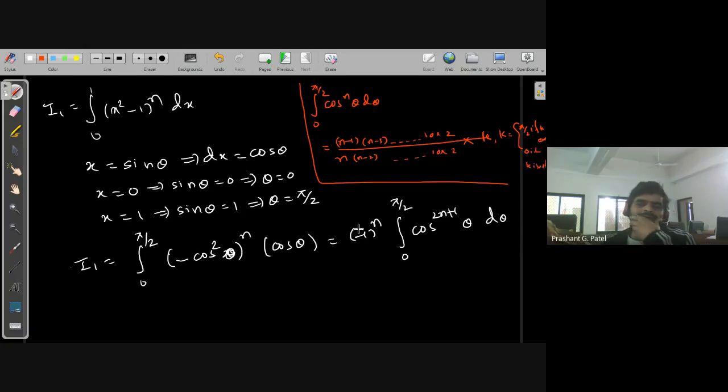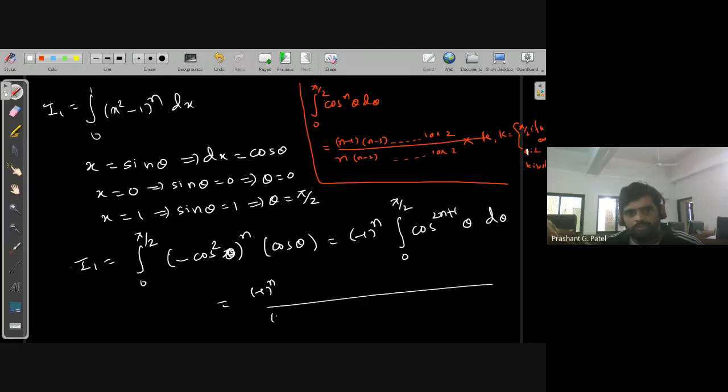Okay. So due to this, now we can write this as minus 1 raised to n. This is 2n plus 1, so it is an odd number. So there is no k that comes; it will be 1 here.